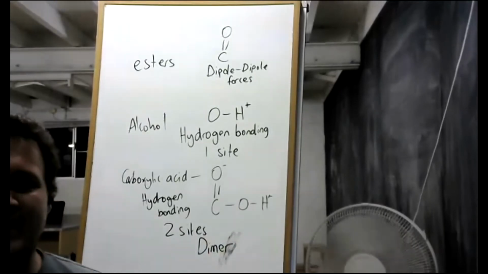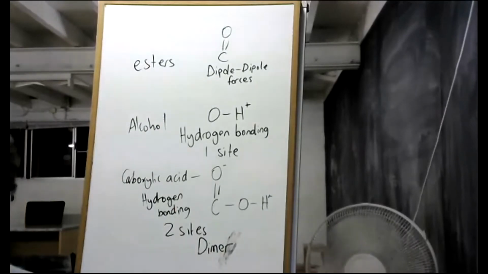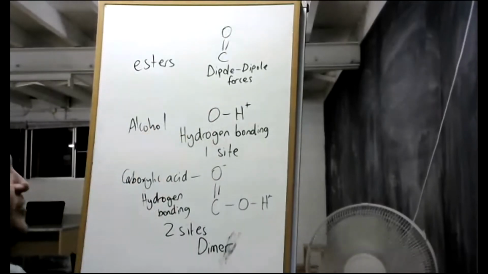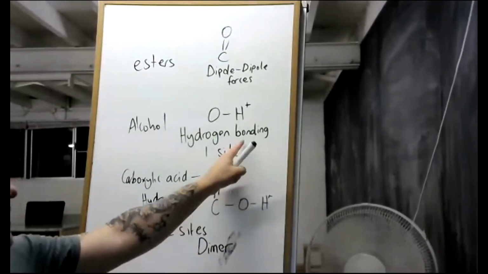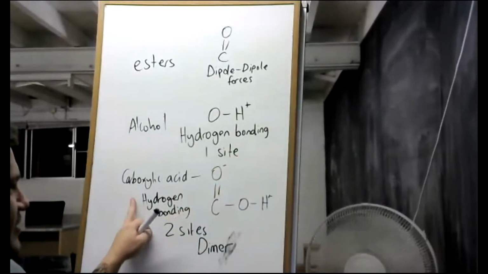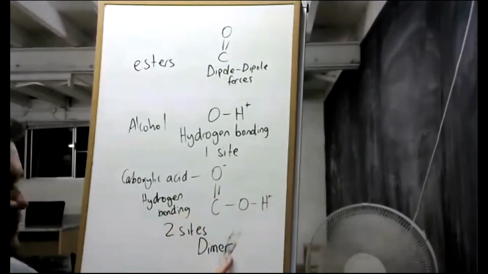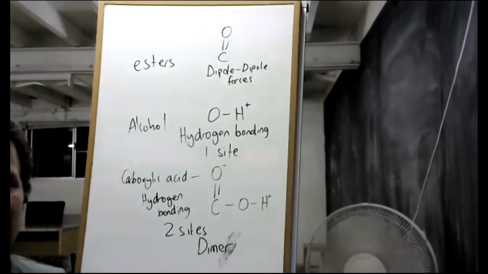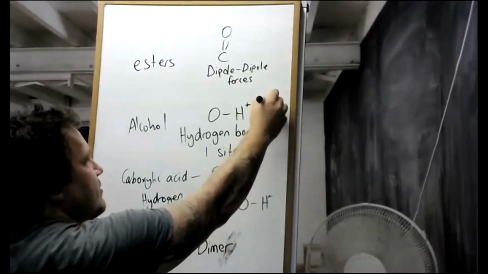So explaining the variation, well, you can say esters have the lowest boiling point of the 3 because they only have dipole forces between the carbon and oxygen double bond. Alcohol is the second highest, or in the middle. It has hydrogen bonding, but only one site for hydrogen bonding. Carboxylic acids have 2 sites for hydrogen bonding on the end. So they can form what's called a dimer, and that's why if we compare propan-1-ol, we have 90 degrees Celsius.